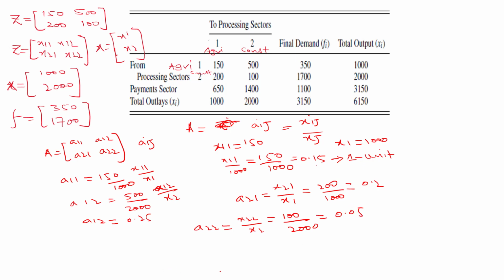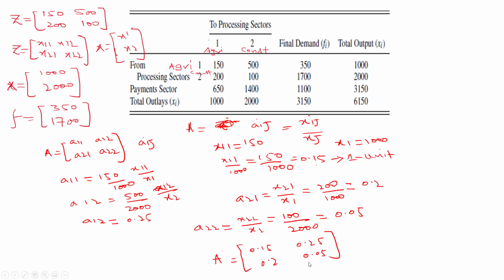So when we put all these values together, this will be our technical coefficient matrix. A11 is 0.15, A12 is 0.25, A21 is 0.2, and A22 is 0.05. This is how you calculate the technical coefficient matrix.